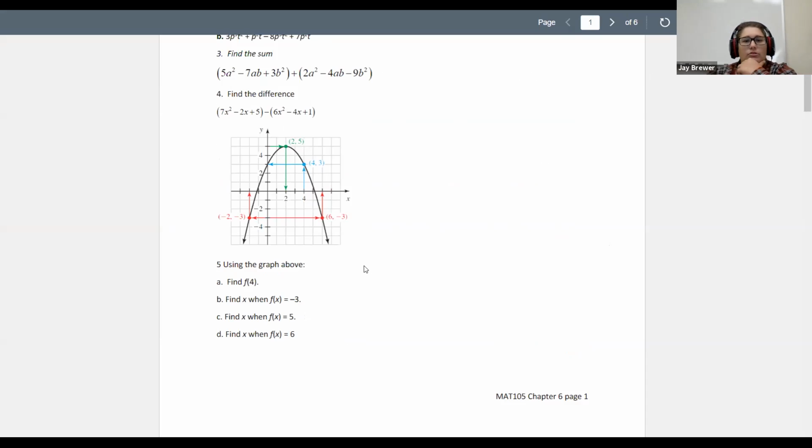All right. So if we take a look at number 5, this is kind of similar to what you guys were doing in Pearson with the linear equations, but what do you notice about this graph? What is it showing you? What's that a graph of?